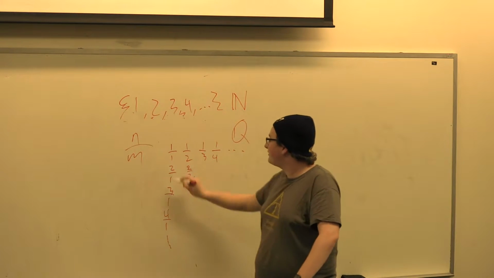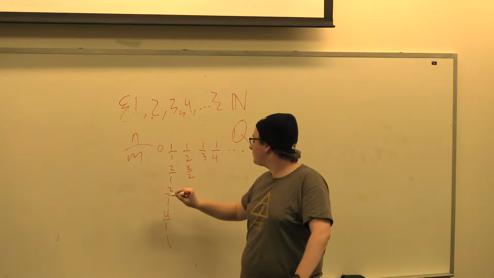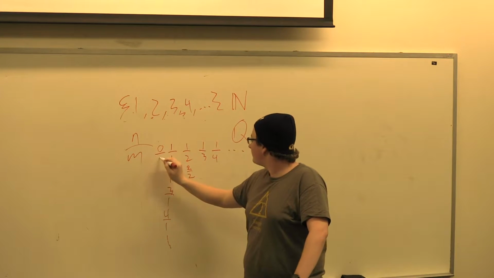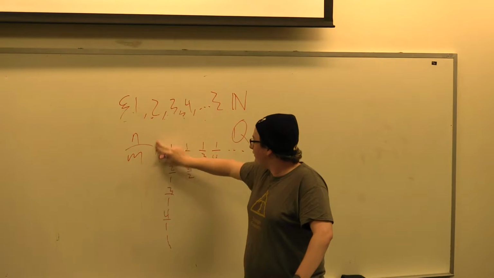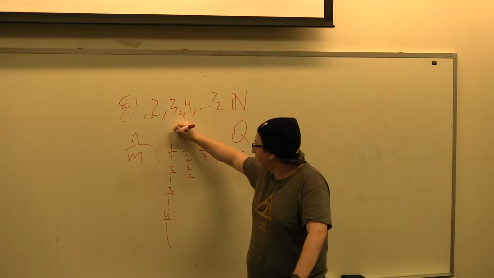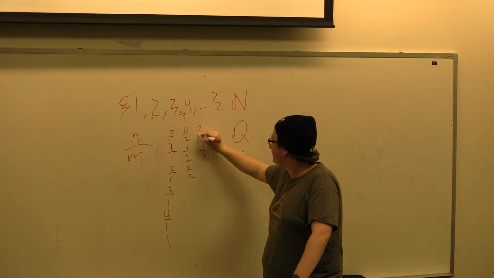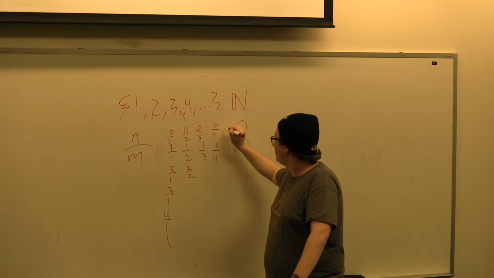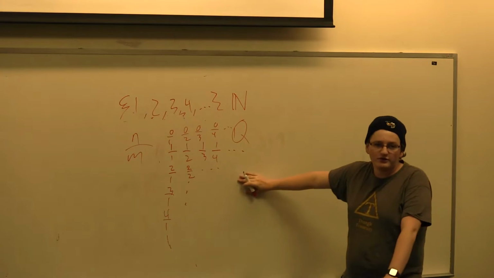Oh, and I guess I forgot the zeros, so that'd be 0 over 1, 0 over 2. So it should be obvious that all the rationals are taken into account.